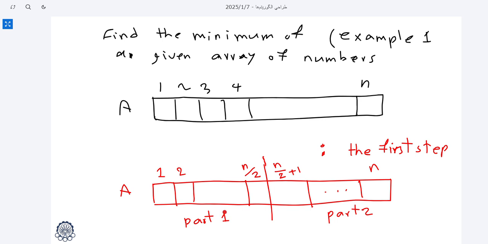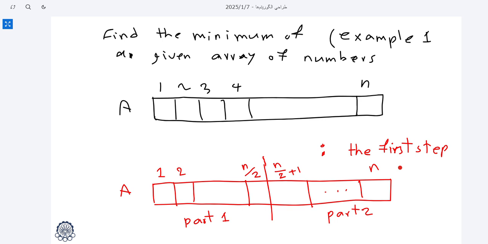So in the first step, we just divide the input array into two equal size sub-arrays. This is not the only choice. We can divide the input array into, for example, 3 parts, 4 parts.